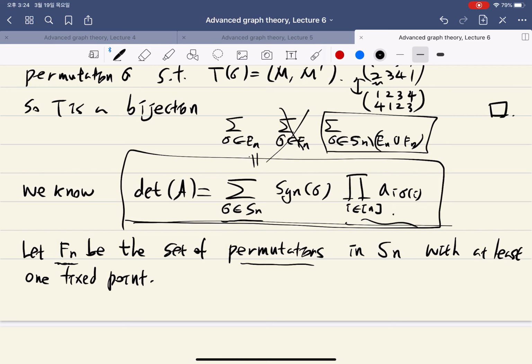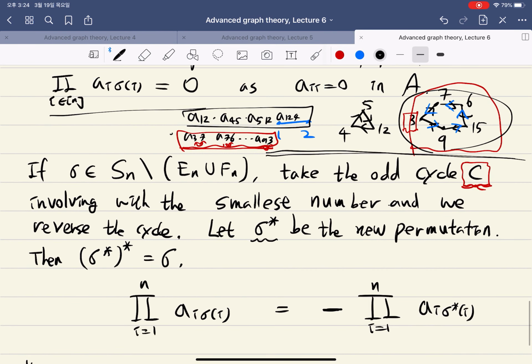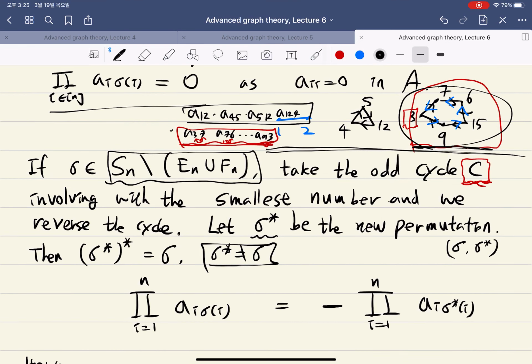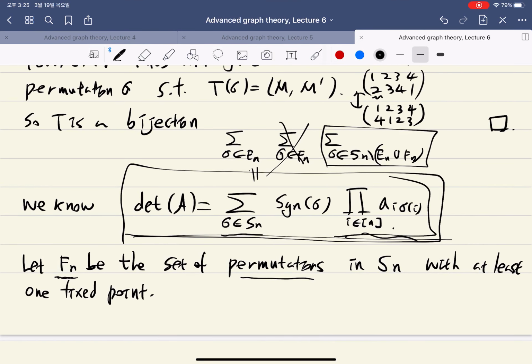And then here, we know that sigma star and sigma are different because it doesn't have a fixed point. So this odd cycle has length at least 3. Once you reverse it, you get a different permutation. So all the permutations in here, you can pair them up, in the sense that they are star of each other. And then for those terms, we add this term.